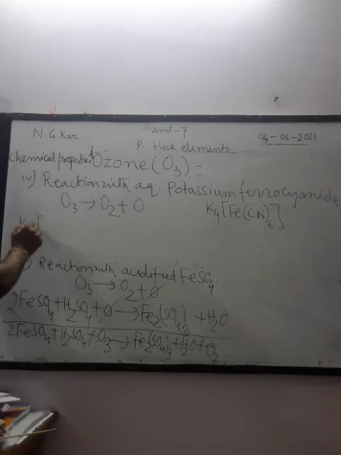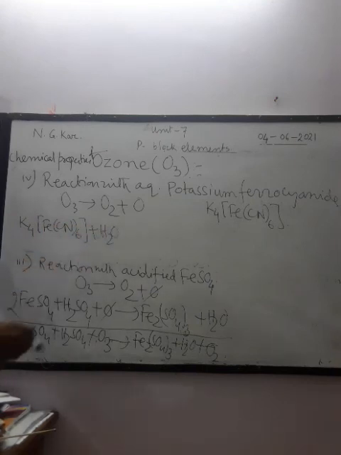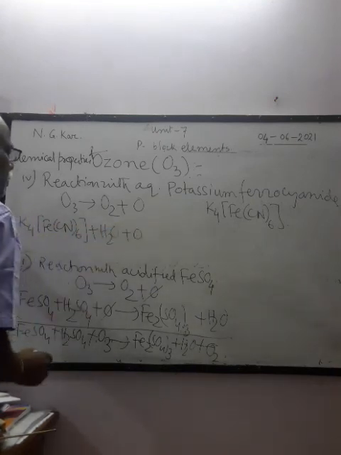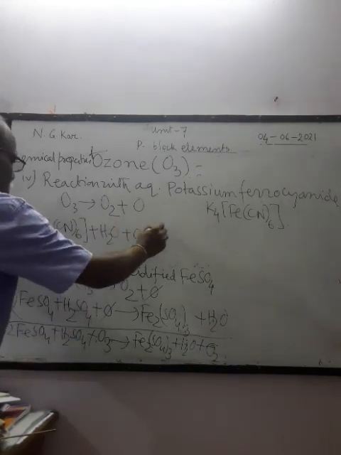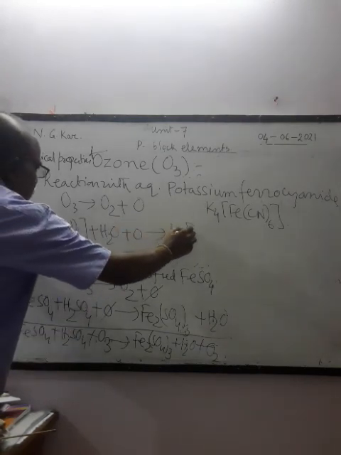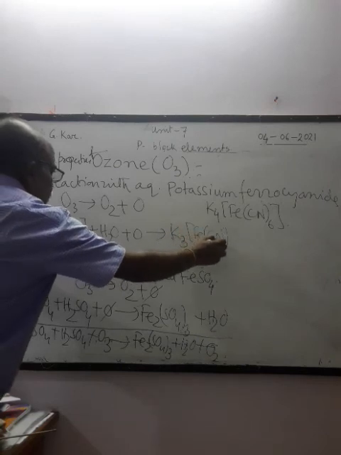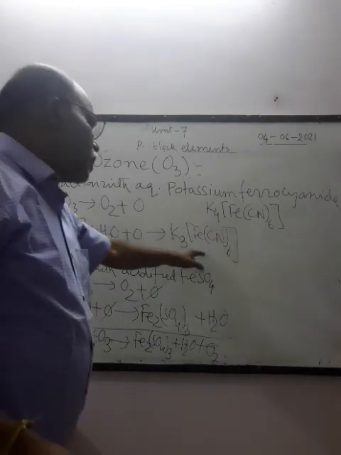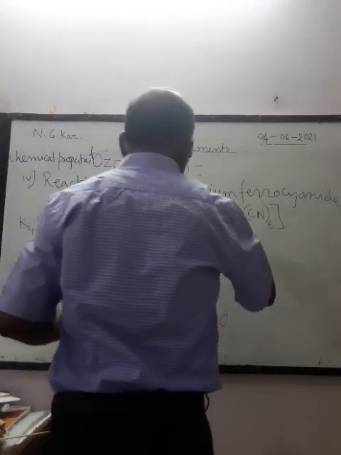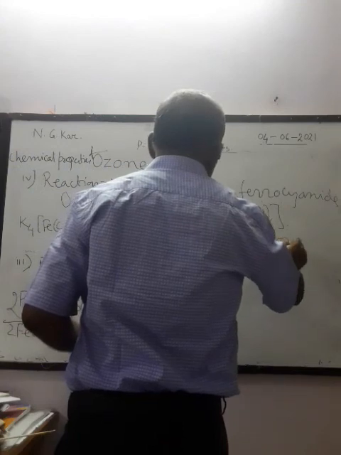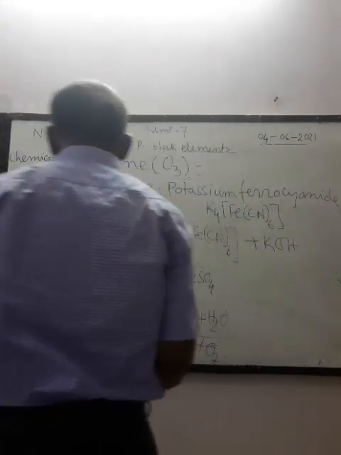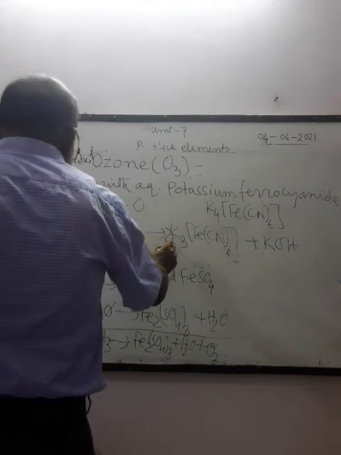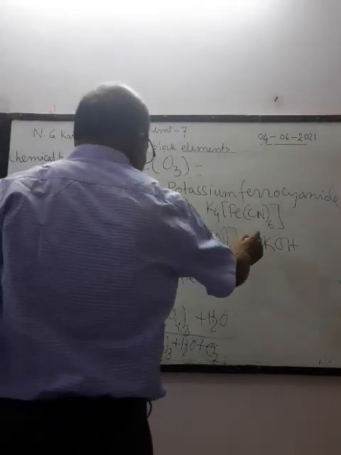Then potassium ferrocyanide in aqueous condition, meaning water is present, reacts with atomic oxygen, forming K3Fe(CN)6. This one is called potassium ferrocyanide, and this is called potassium ferricyanide, along with KOH.